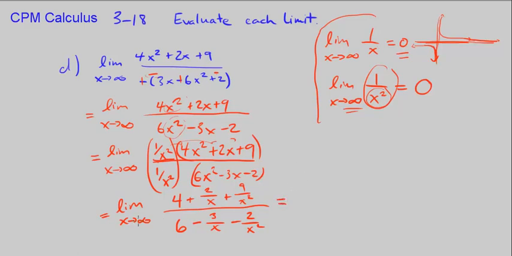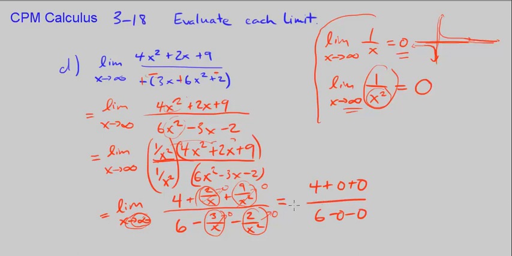So when we take the limit as x goes to infinity, some constant over infinity is going to approach 0. Some constant over x squared approaches 0. So this is going to be 4 plus 0 over 6 minus 0 minus 0 when I take the limit.